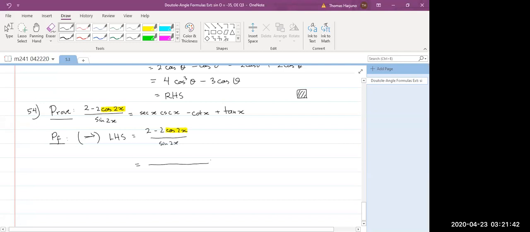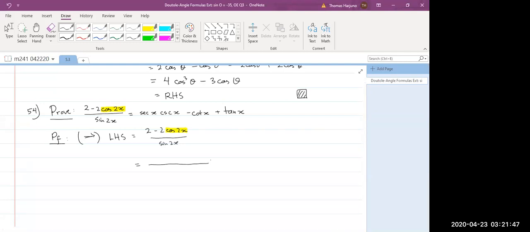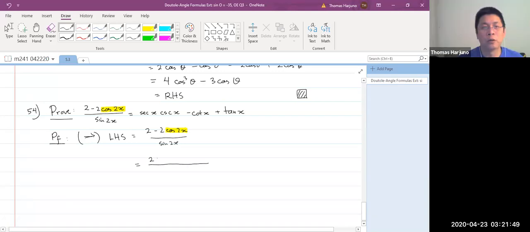That would be super hard. Can we use the first one? Yeah, I will use the first one. So this will be 2 times cosine squared x minus sine squared x over 2 sine x cosine x.